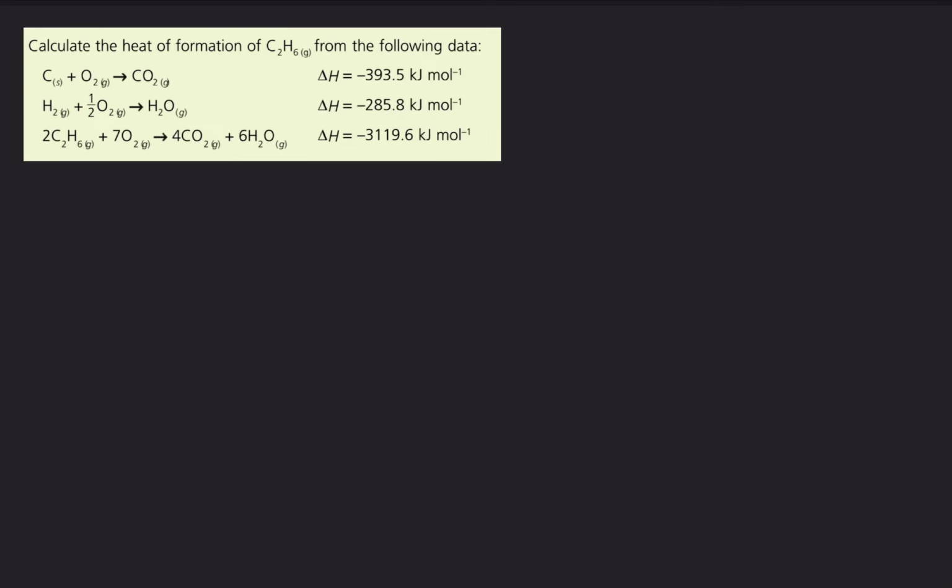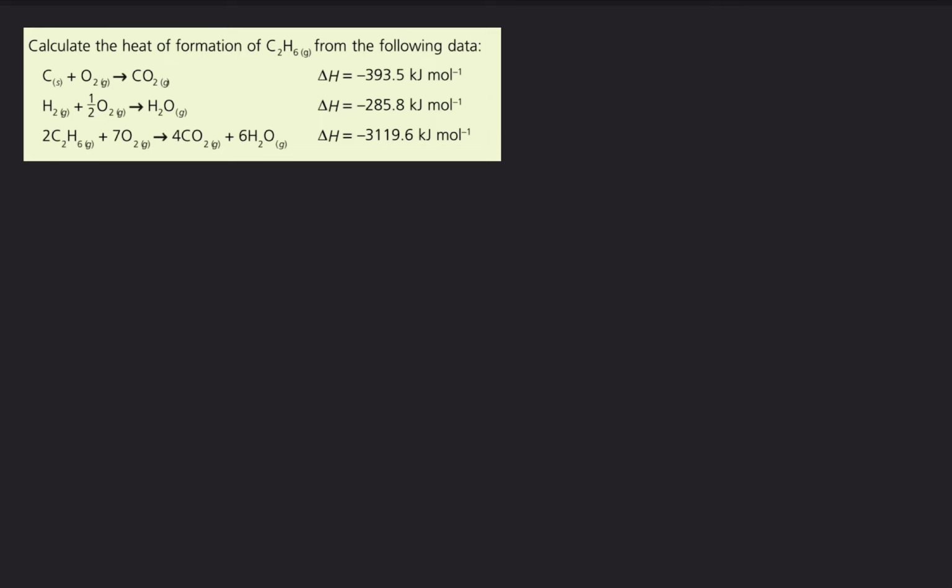You should know your prefixes, and if a compound is given to you in English, you'll have to be able to figure out the chemical formula. So if they didn't give you C2H6 and just said ethane, you would have to know that that is C2H6.